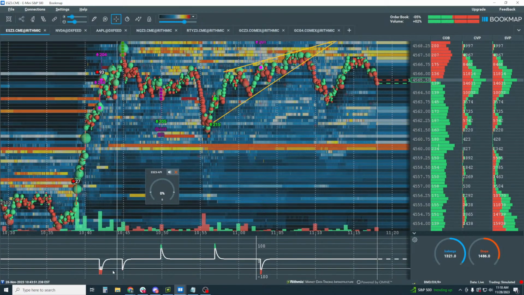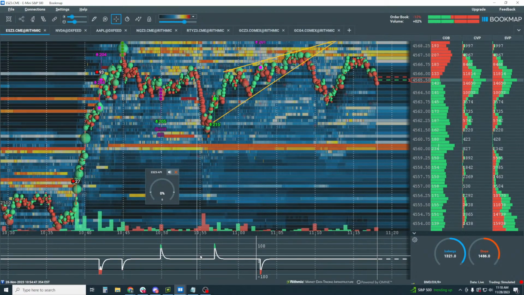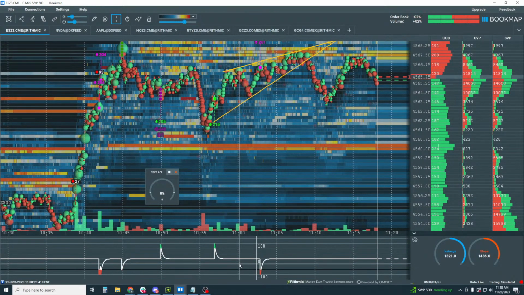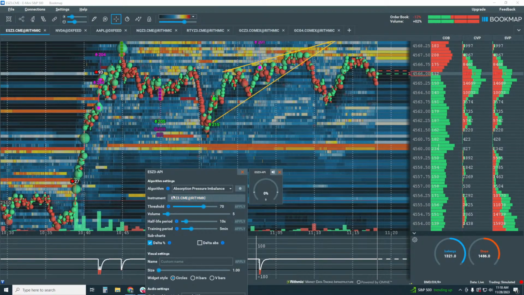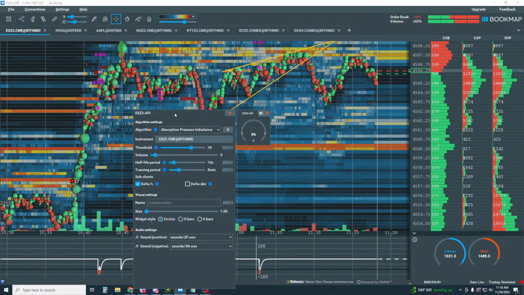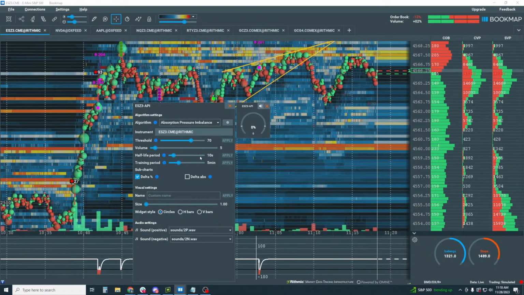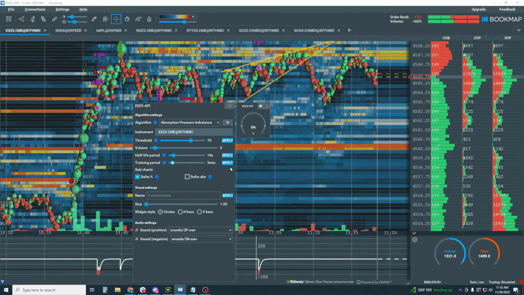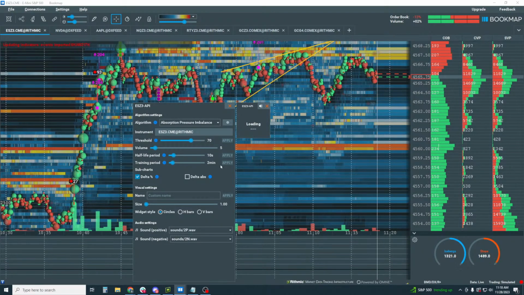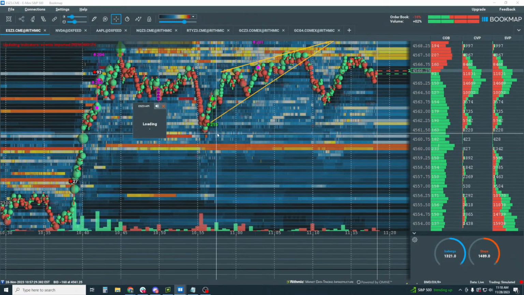You can see we're getting very few outputs here. So you'd have to play around with either your Market Pulse setting or your absorption indicator setting. So in fact, we can lower the training period here, and we're going to get more outputs in Market Pulse for absorption.